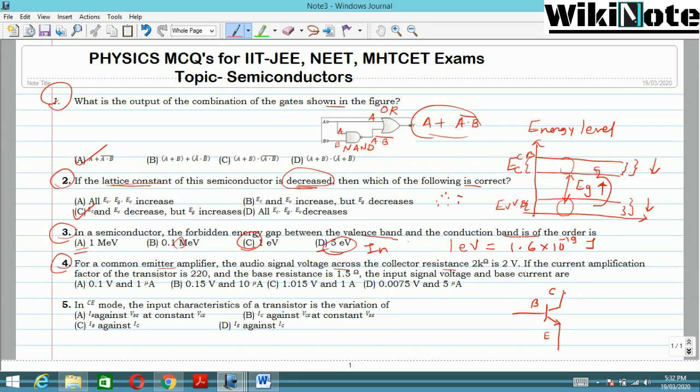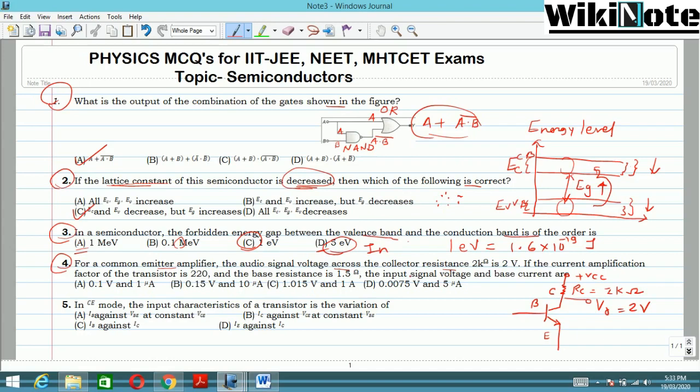If I consider a collector resistance over here, that is RC, followed by plus VCC, the voltage across this resistance is 2 volt. So I am getting an output voltage of around 2 volt, and the resistance value is 2 kilo ohm. So keep in mind, draw the diagram accordingly.